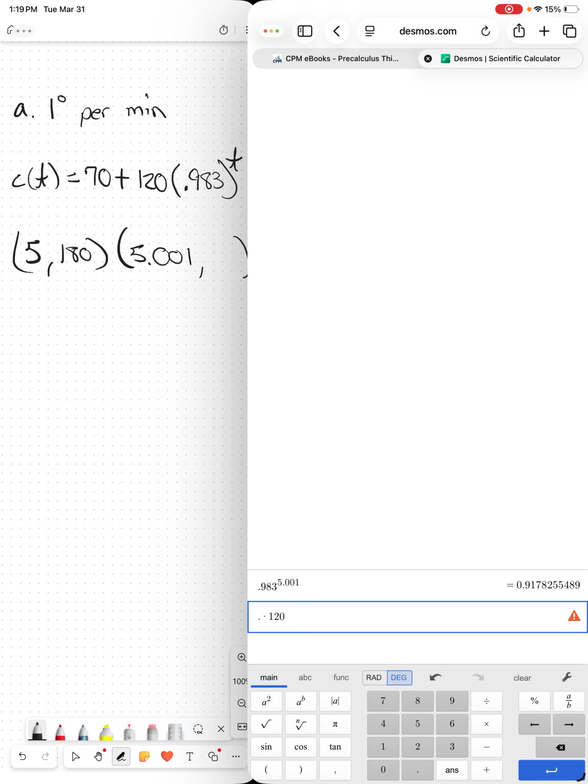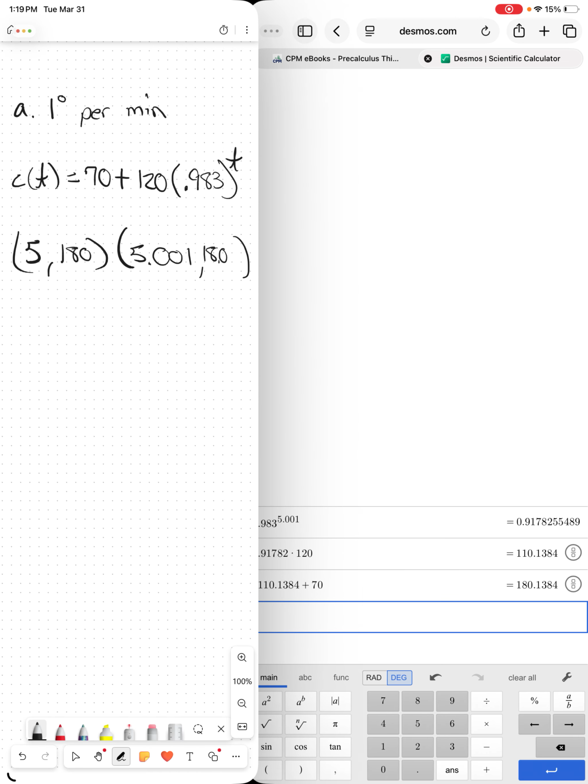Let's do 0.91782. We'll just go there. Right, so that's 110.1384 plus 70 is 180. So this is 180.14.